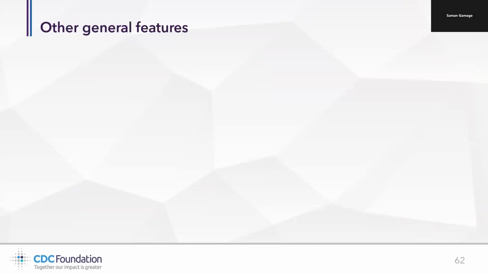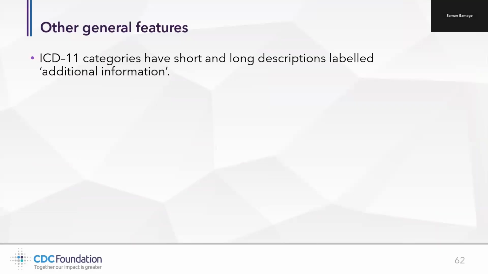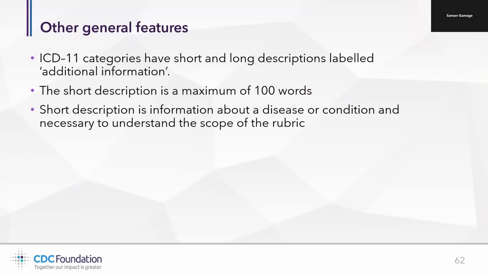There are other general features of ICD-11. ICD-11 categories have short and long descriptions labeled additional information. A short description is a maximum of 100 words. The short description is information about a disease or condition and is necessary to understand the scope of the rubric.